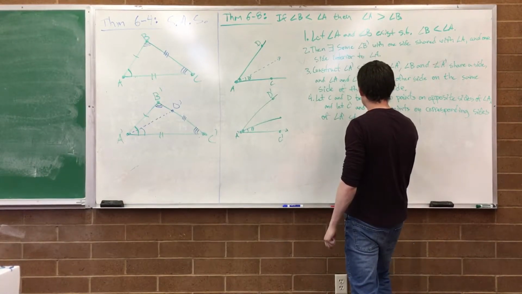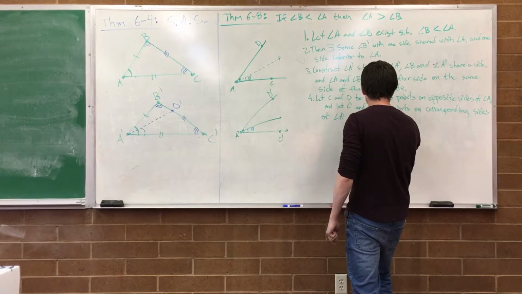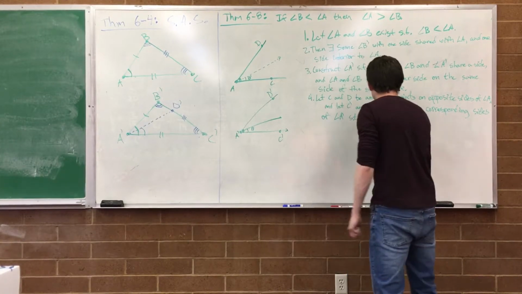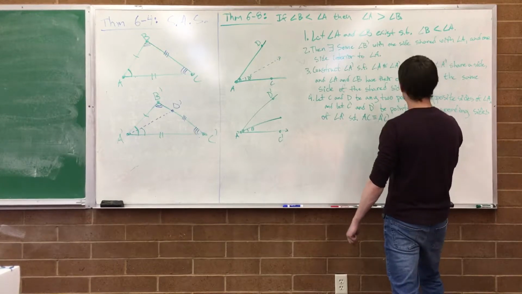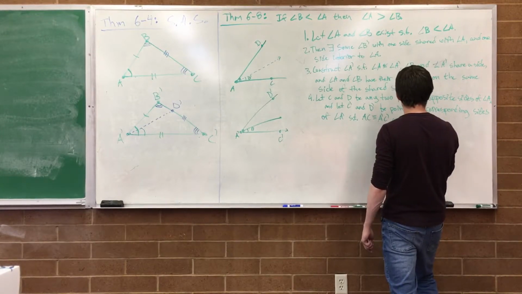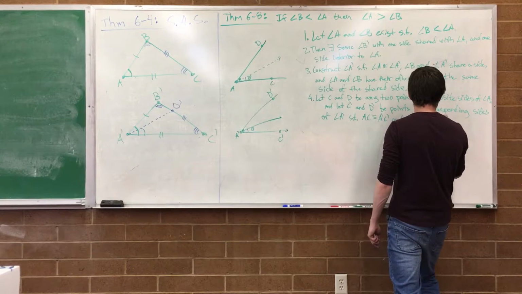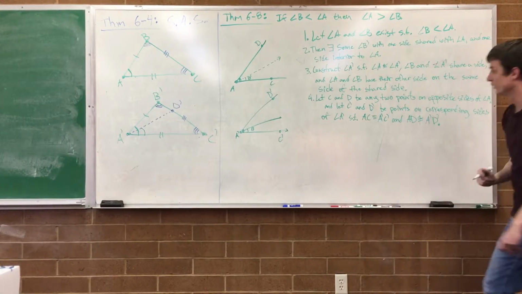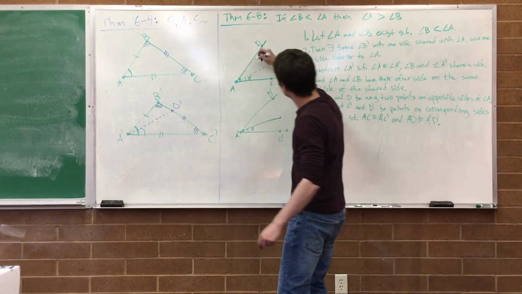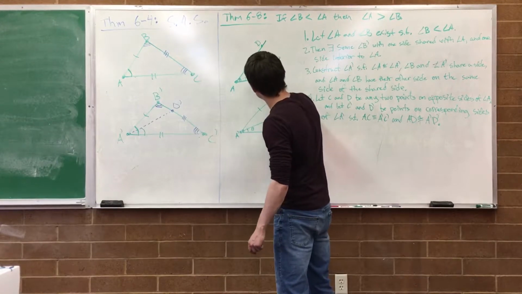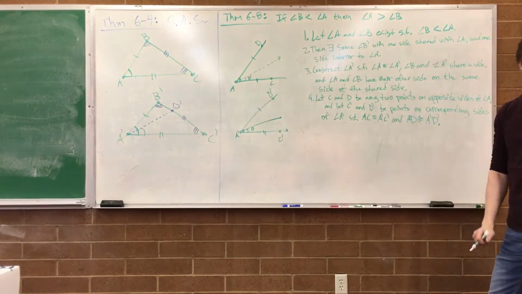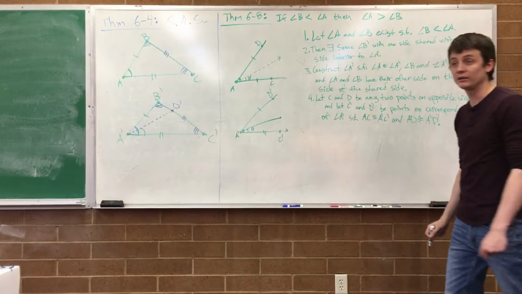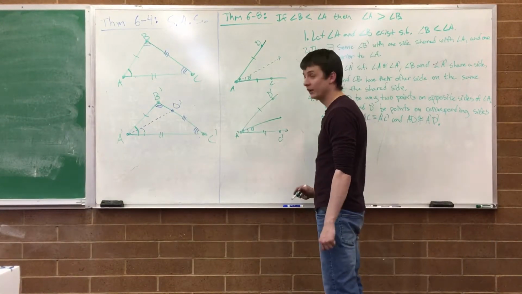So such that AC is congruent to, not equal, congruent to A prime C prime and AD is congruent to A prime D prime. Okay? So now we got that congruent to that, and that congruent to that.